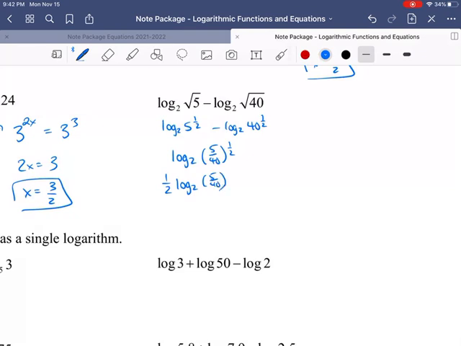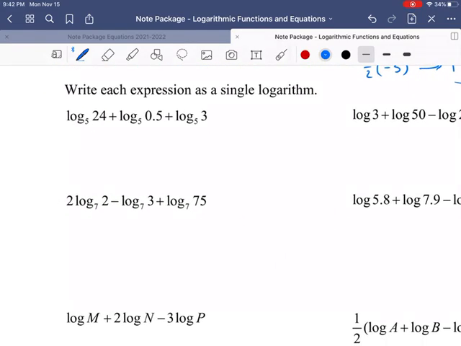Now we got to do a little 5/40 can simplify to 1/8. Okay. So we get 1/2 multiplied by -3, which gives us -3/2.